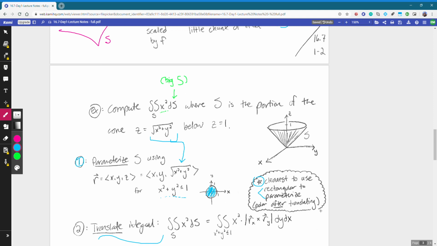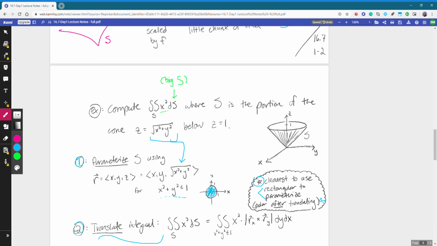And then when the dust settles, only then switch to polar, if we have a nice polar region, and it makes sense. It just turns out that working through the size of the cross product of the partial derivatives gets messy if we switch to polar right now. Much cleaner in rectangular.